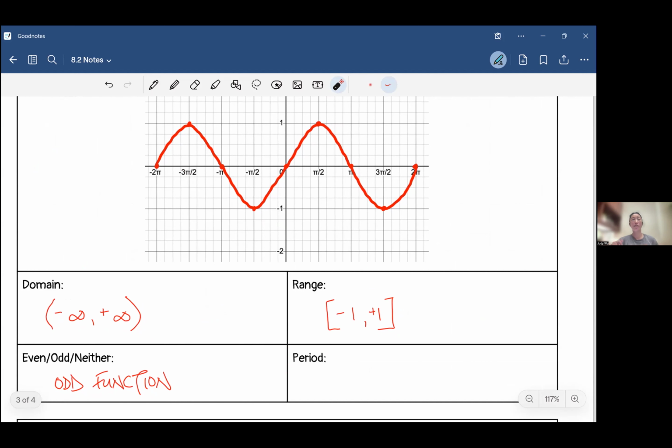Now, the period just means how long does it take for one full wave to be completed? Meaning, if I start here at 0, I'm going to go up, back to 0, all the way back down and back to 0. This is one full wave. One full wave, how many x values is that? It goes from 0 all the way to 2 pi.